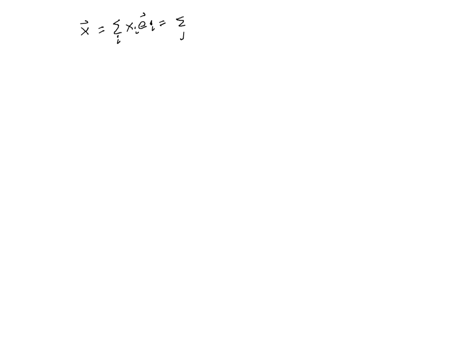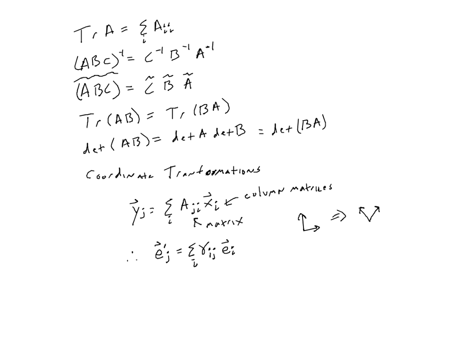Now we can also express this arbitrary vector x using a different basis. So we're going to call this the sum over j of x prime sub j e prime sub j. Okay? So this is x expressed in terms of the non-prime basis, and this is x in terms of the prime basis.